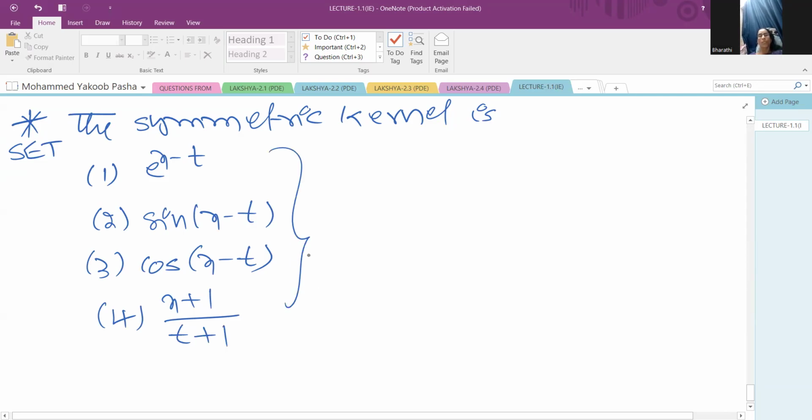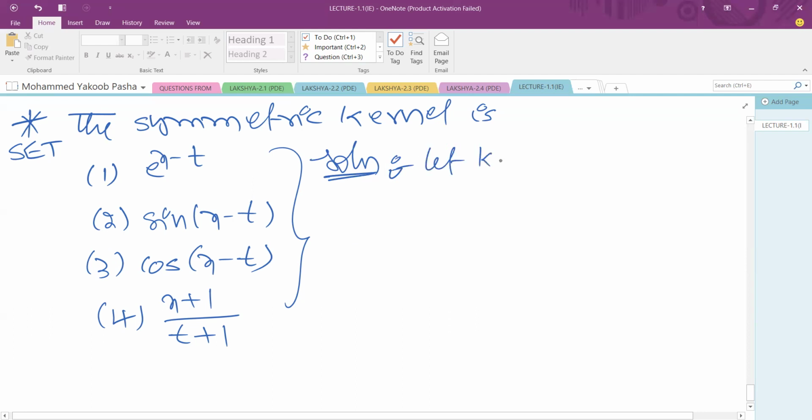We can verify k of x comma t is equal to k of t comma x. If you take the first option, k of x comma t is equal to e to the power of x minus t.